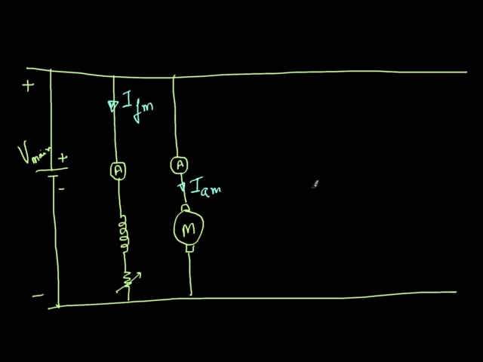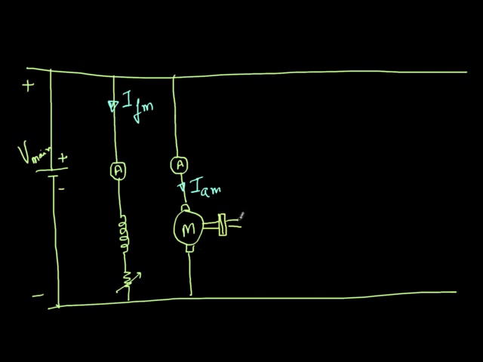So imagine this is the situation. Of course, we require a starter to start the motor. I cannot directly connect this to the main supply. But if I do this connection, then I can imagine that the motor is running on no load, and the output of the motor is the shaft, which is running at some no load speed. But the mechanical power output is zero because there is no load connected here.